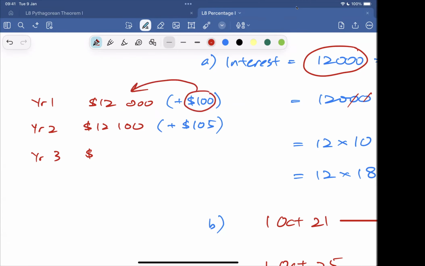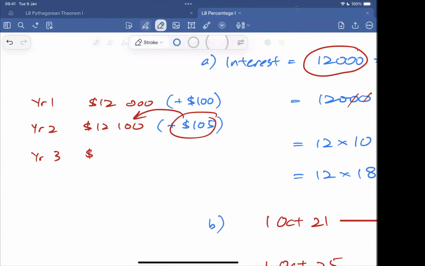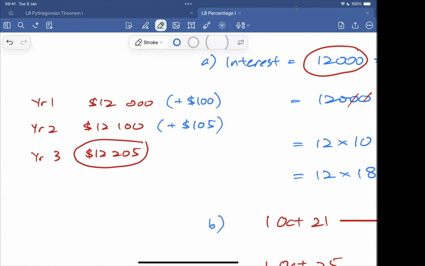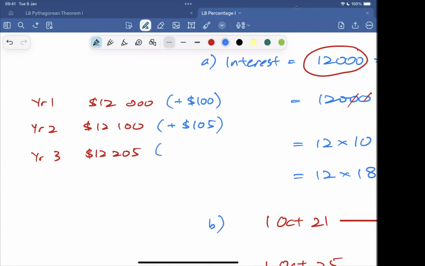You are not going to spend it. Then you will have more and more money. Next year, the bank will look at this money. Wow, 12,200. So I need to give you more interest. So they give you even more interest.